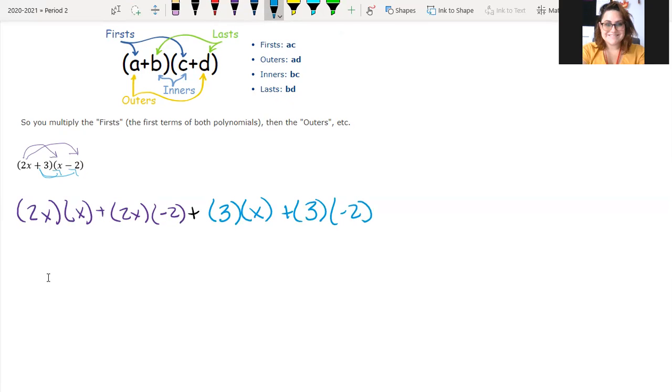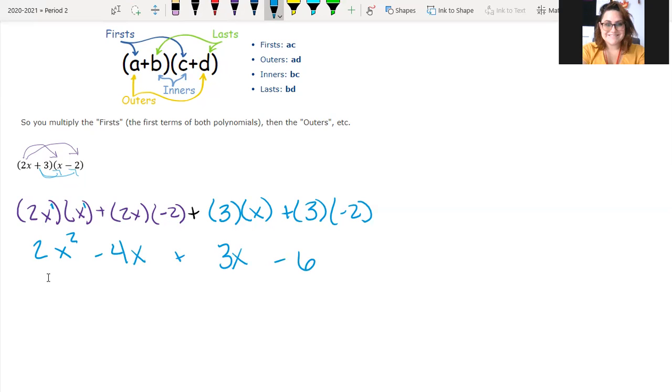And now we can simplify. This is x to the first and x to the first, so this would become 2x squared because that's 1 plus 1. 2x times negative 2 is going to give us negative 4x. That'll just become 3x and negative 6.